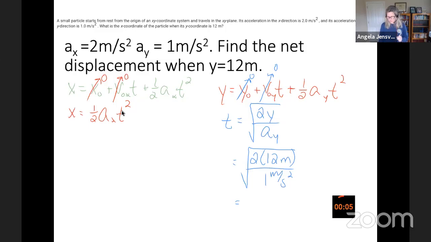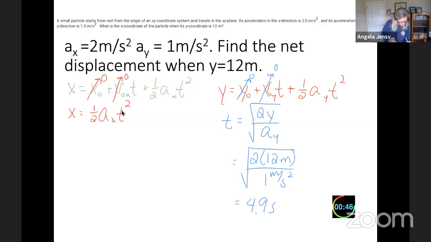So you get the square root of 24, which is 4.9 seconds. Now we have the time. So we separated it out, right? We separated the x, analyzed that motion, and reached a dead end. So then we went over to the y, analyzed that motion separately, and we're going to use that piece of information to go back and complete the picture.